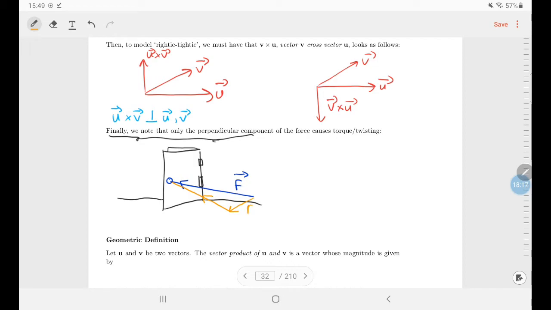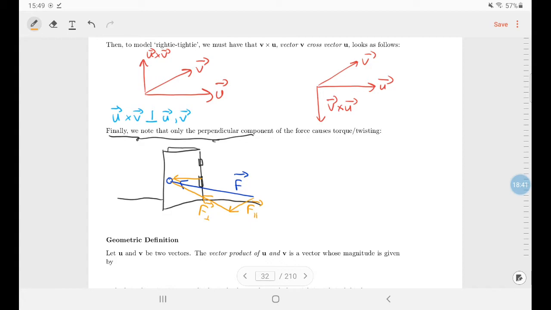So we have the parallel part and the perpendicular part. Now the perpendicular part of the force will cause a moment about this displacement, but the parallel part of the force cannot turn the door. The parallel force is basically pulling the door along its own direction.